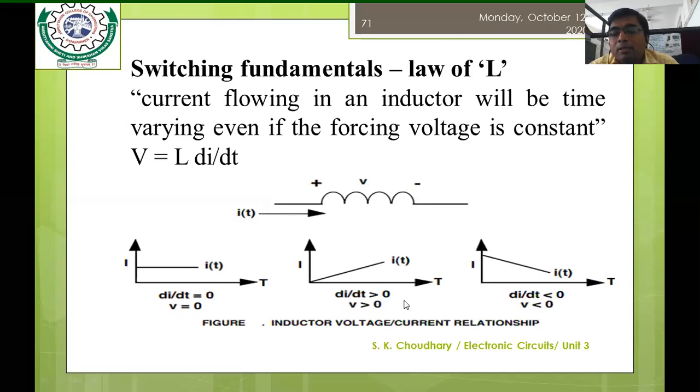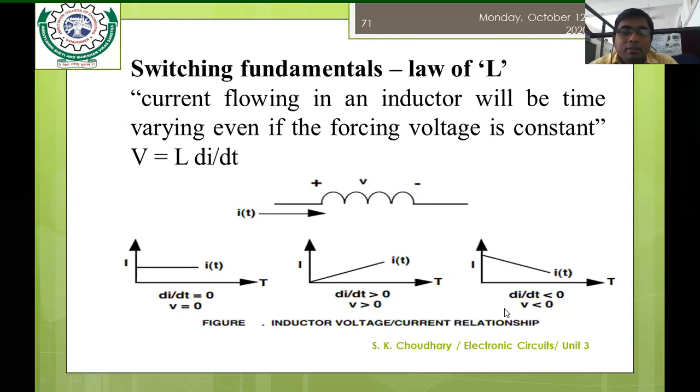So at that moment, the rate of change of current is decreasing, or less than 0, as shown in this graph, and the voltage across the inductor is negative, or less than 0. So these are the 3 different conditions of voltage across the inductor and current through the inductor.